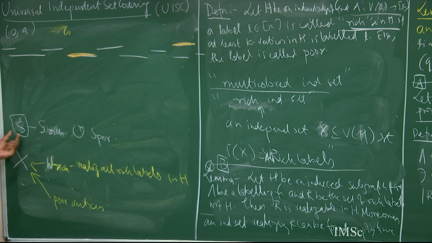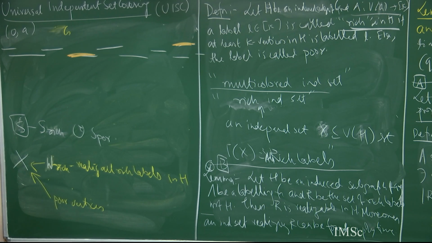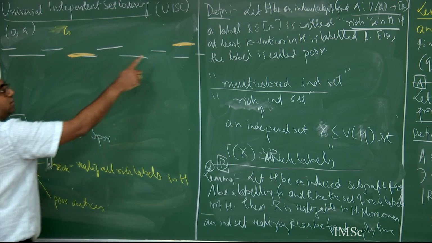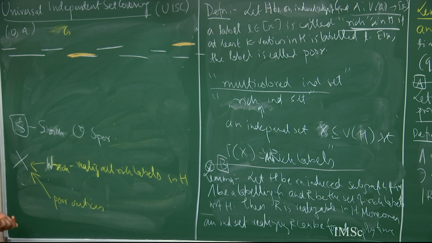Now let's try to understand where these rich vertices are. If these are my positions of poor vertices, then where are the other vertices? Because S is an independent set, it cannot be intersecting with these intervals. So what is an independent set in an interval graph?